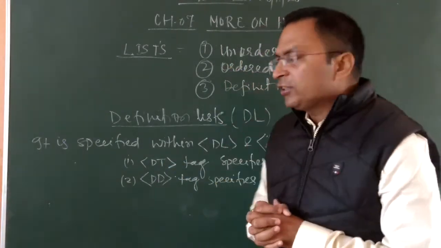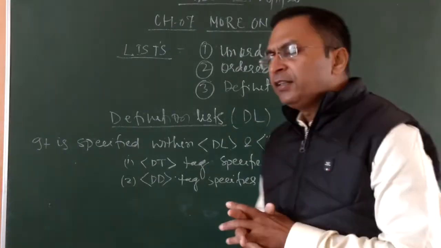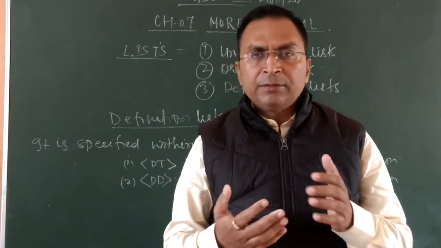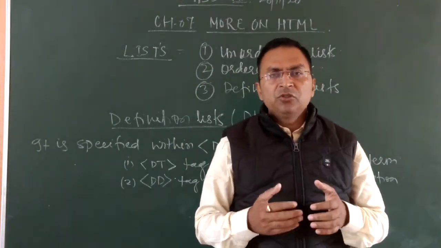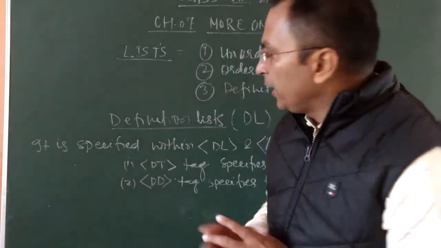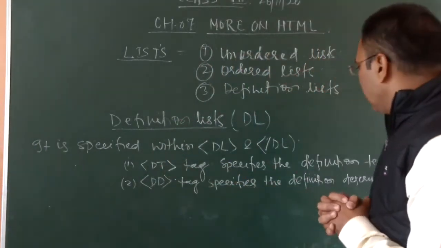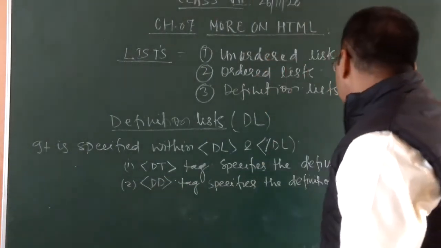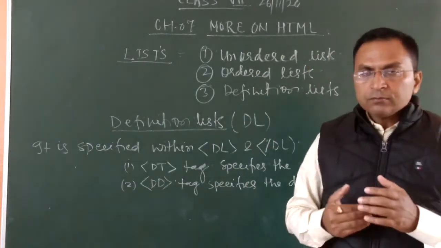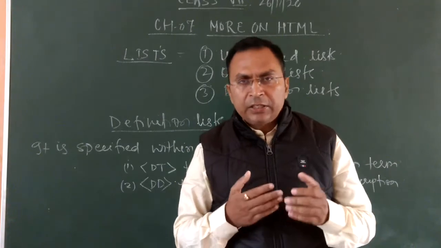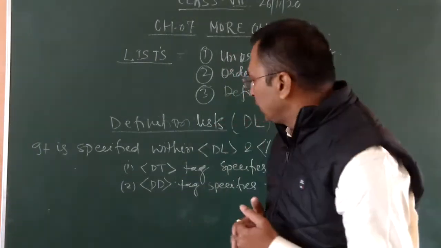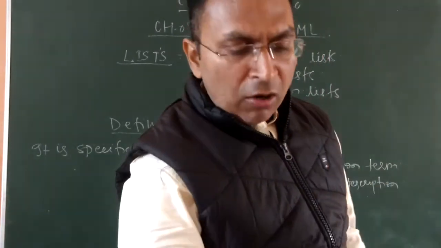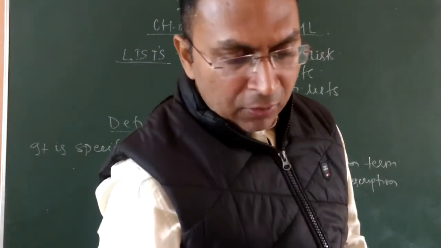It is used to specify the definition, meaning when the user is trying to retrieve a definition, by using the DT tag we can specify it. And DD means definition description, so for the definition description we will use this DD tag.